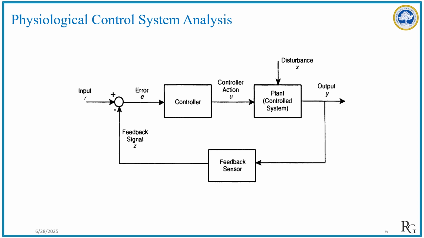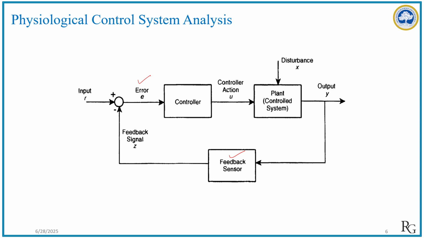In this type of system, we have this closed loop path where a feedback sensor is used to measure the output, and that is given to the input again. Here an error signal is generated, which is the difference of the input and the current output, or the feedback signal.